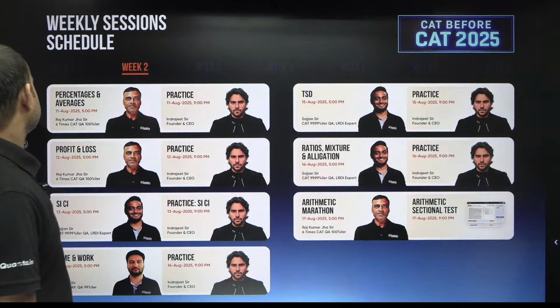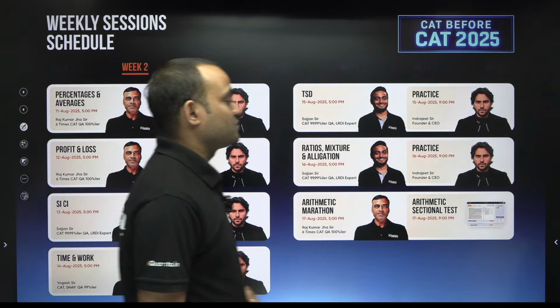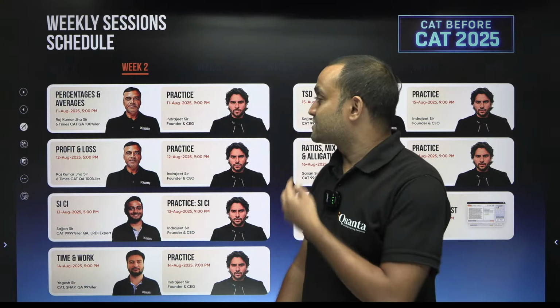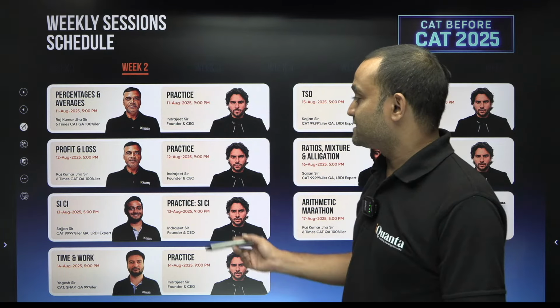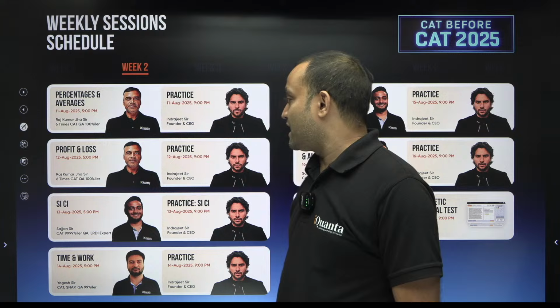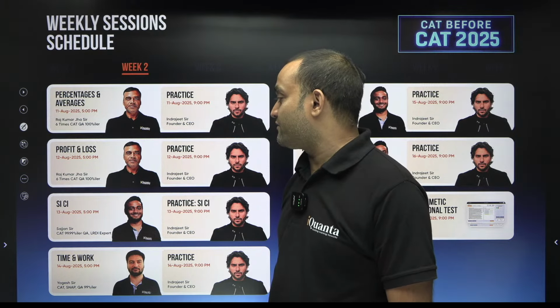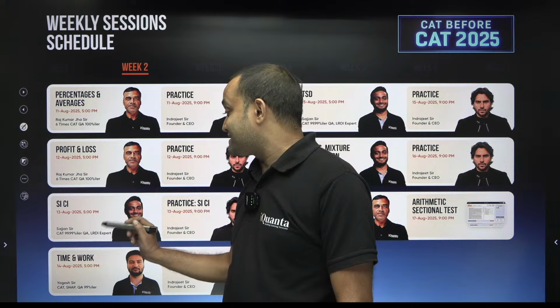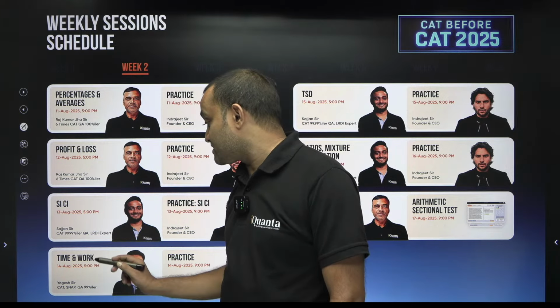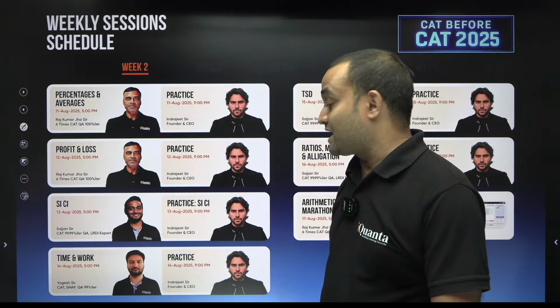So this is the second week of CAT before CAT series. Yesterday you had a session with Raj sir, right? I guess that was profit and loss, and before that we had percentages and average, and today we are going to have questions from SICI, simple interest and compound interest. Then we are going to have a session on time and work.